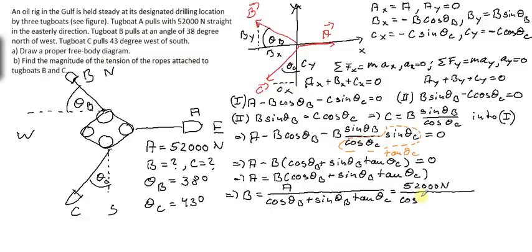Theta B was 38 degrees plus the sine of 38 degrees times the tangent of 43 degrees, and what we get now is 38,175 Newton. Let's call this 38,200 Newton.